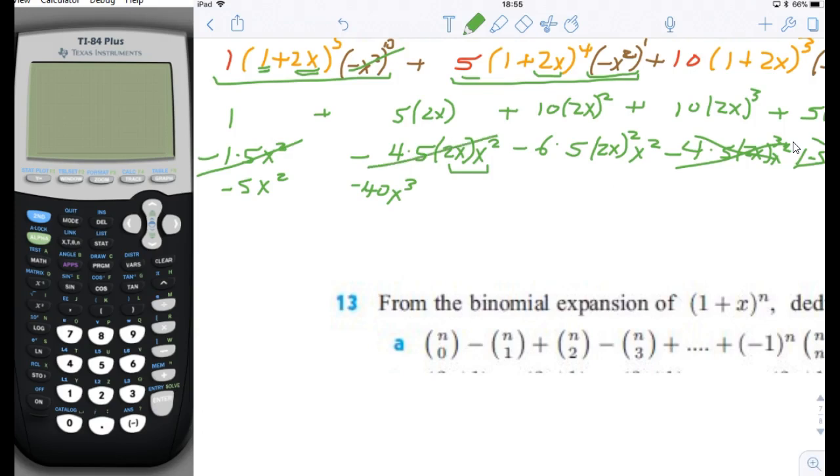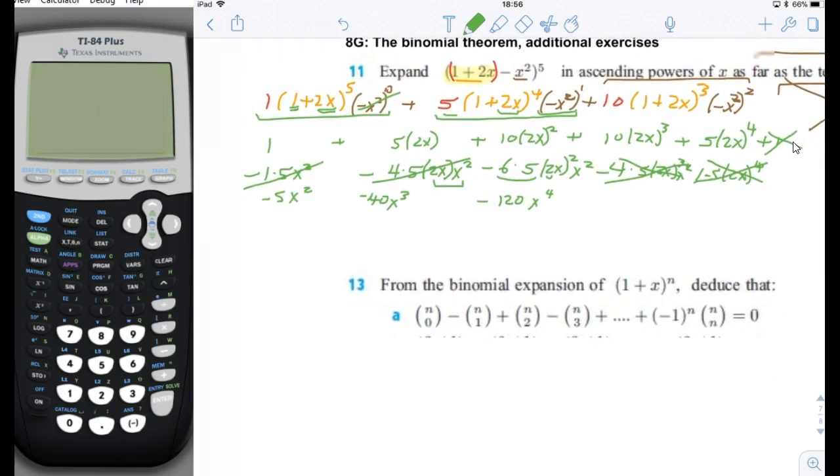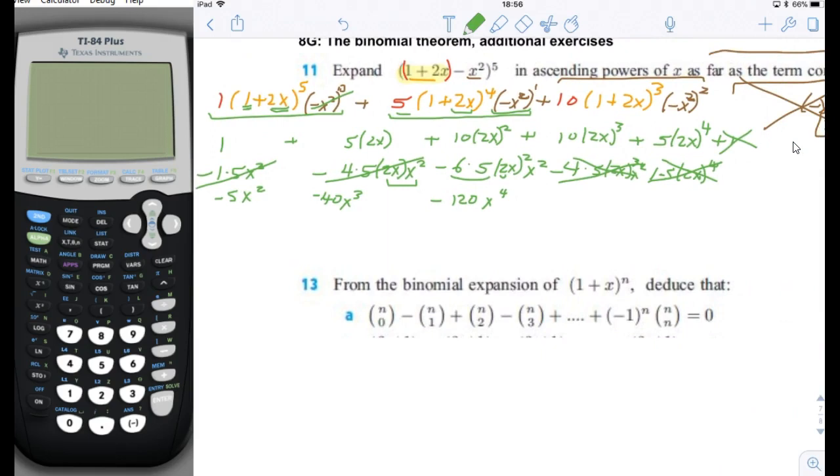And here we have negative, this would be 30 times 4, which is negative 120, right? This would be 2 squared, which is 4 times 30, and then x to the 4th. Okay. And then, last of all, let's take a look at this term here.